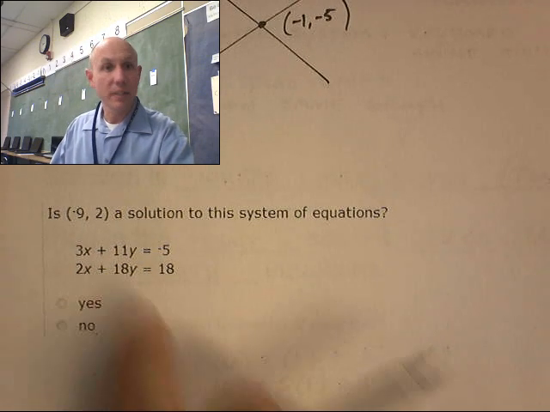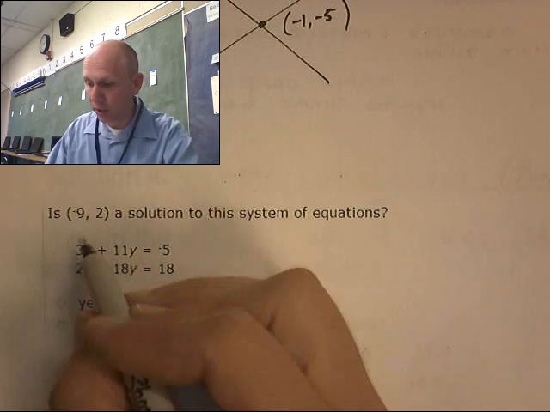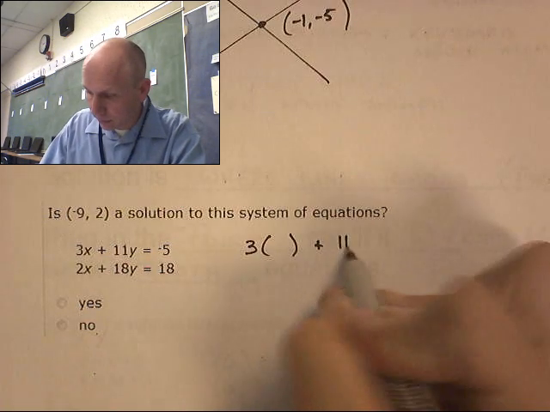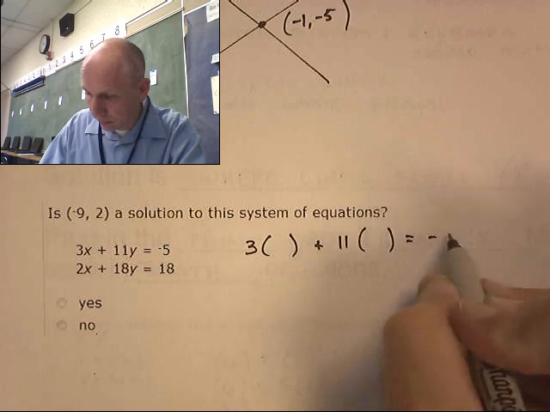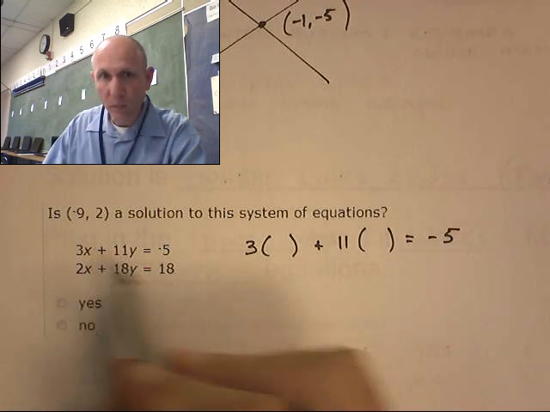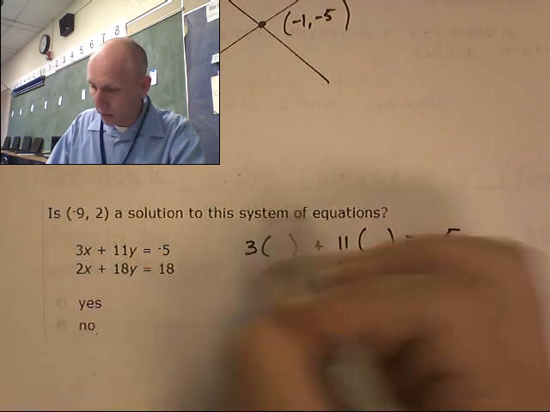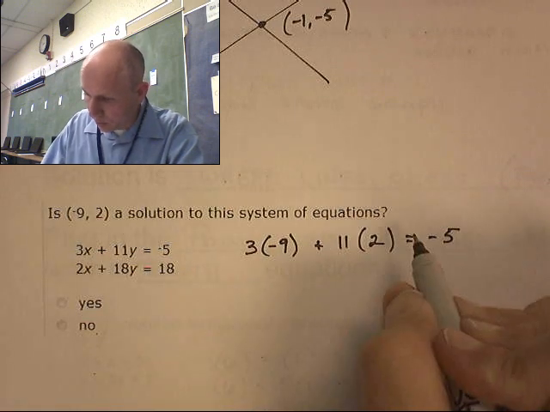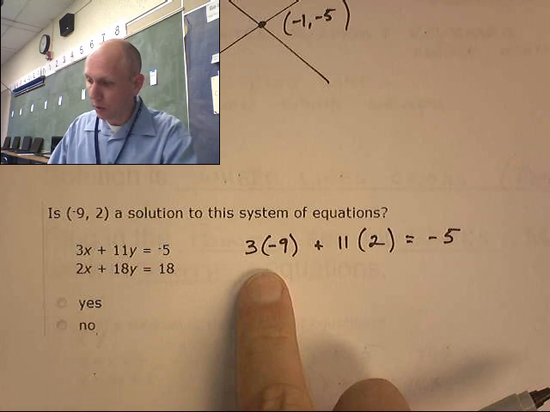Is (-9, 2) a solution to this? I'm going to remove the x and y. And I'll plug the x and y in. So I'm going to put in -9 and 2. Let's see if this works.